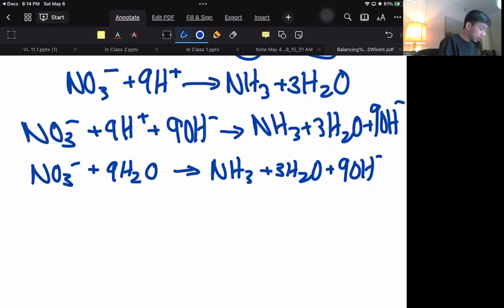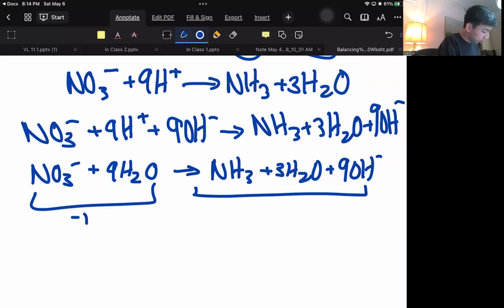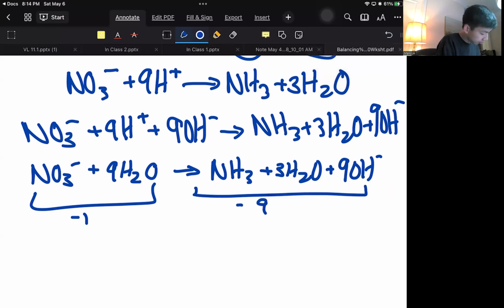So, as I was saying, we just combined the hydrogen and the hydroxides, and now we have to balance the hydrogen and hydroxides for basic solutions. Second step is to balance the charges. On this side, we have a total charge of -1. On this side, 9 OH minus is going to be -9.